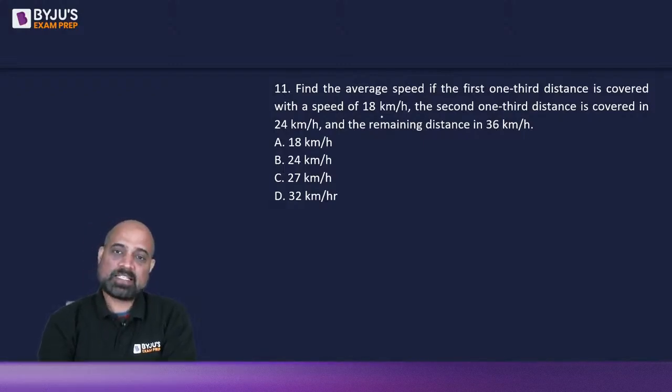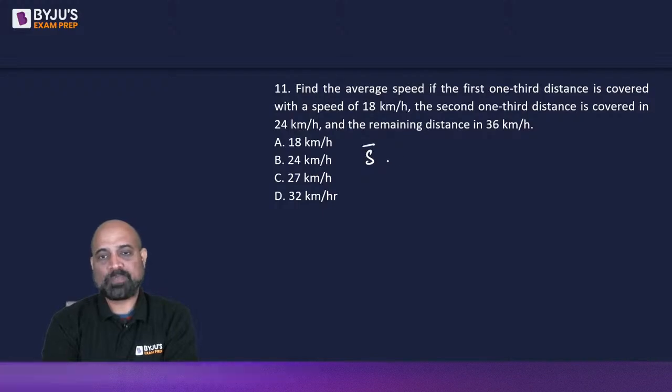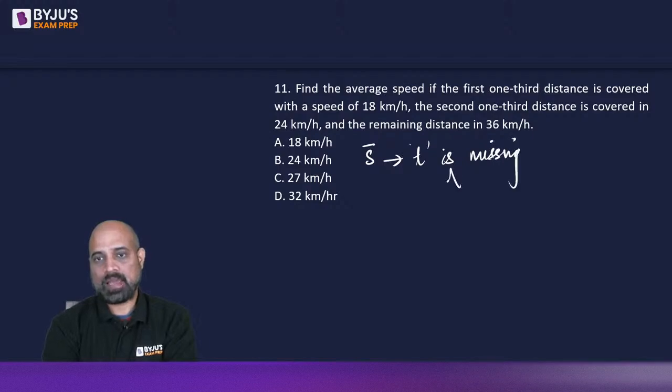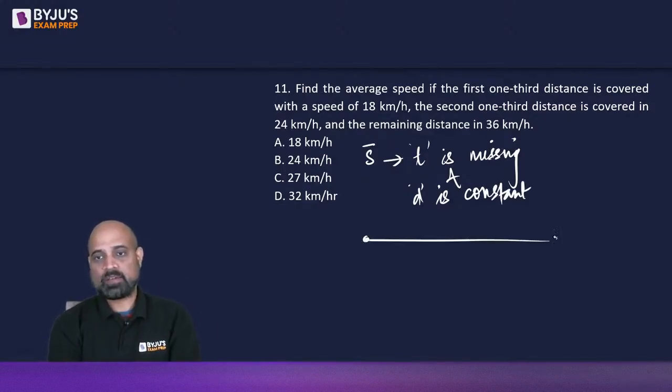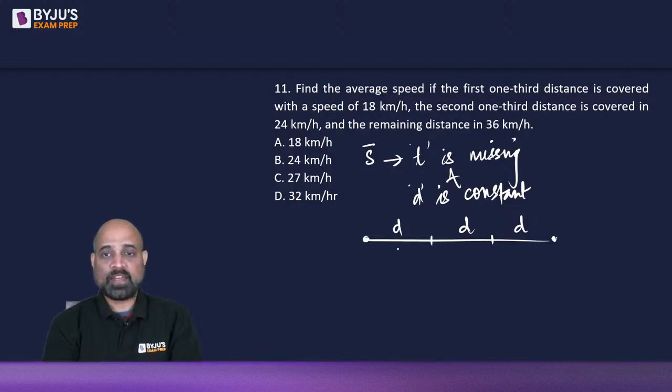So this is a question about average speed where time is missing and distance is constant. Constant meaning there are 3 parts to this distance covered. This is also d, this is also d, this is also d. The first distance is covered at 18, the second at 24 and the third at 36.